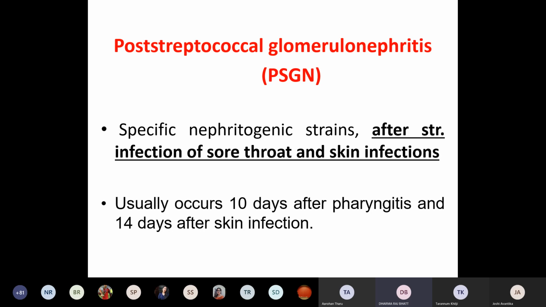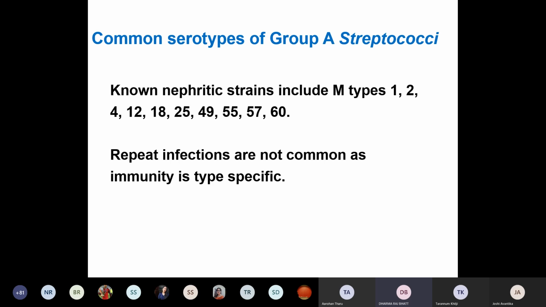Usually, these features of glomerulonephritis begin about 10 days after pharyngitis and 14 days after skin infection, although these timings may vary depending upon the individual and the strain associated. Generally, it occurs 2 weeks after pharyngitis or skin infection.